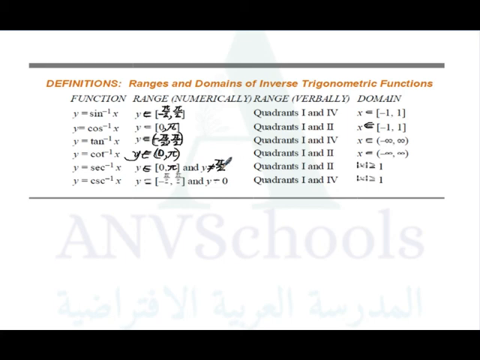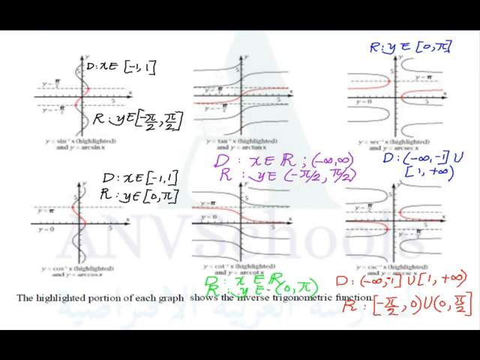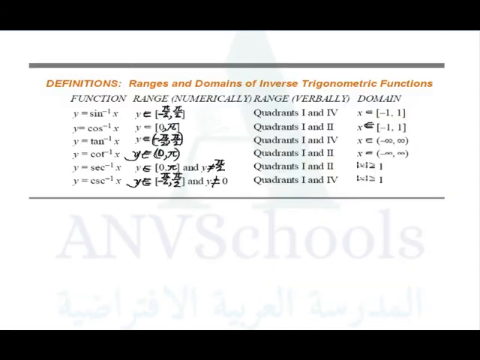Okay? And for cosecant, it would be y an element of negative pi over 2 to pi over 2, and y cannot be equal to 0. It's exclusive of 0. Okay, so these are the ranges, and the domains for inverse secant should be such that the absolute value of x is greater than or equal to 1.